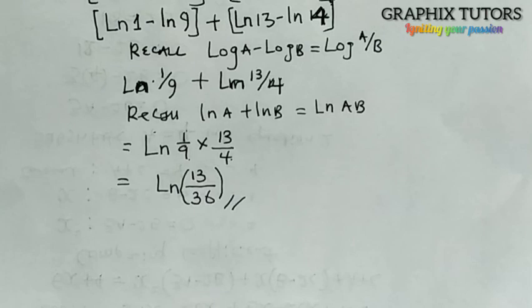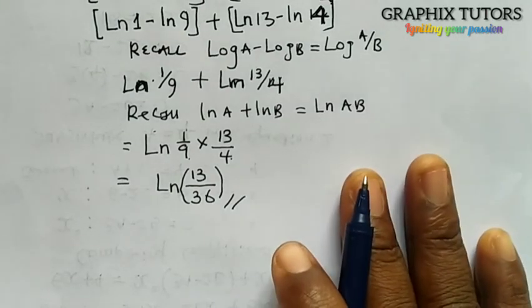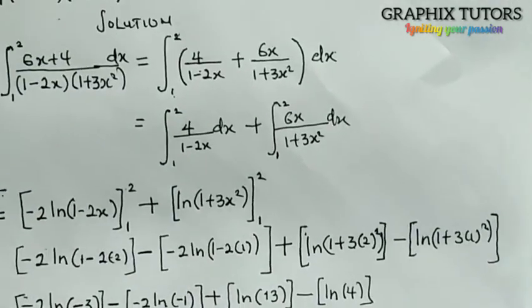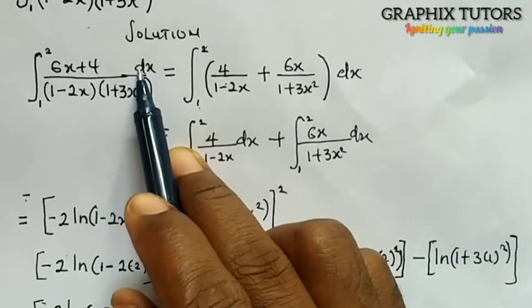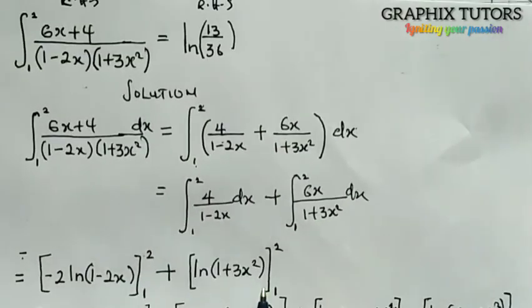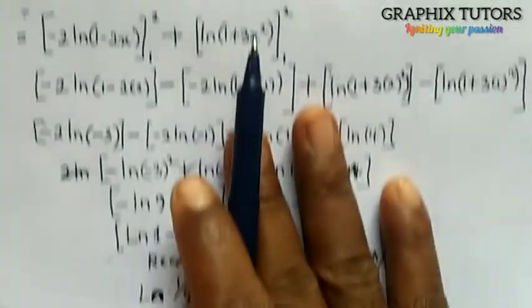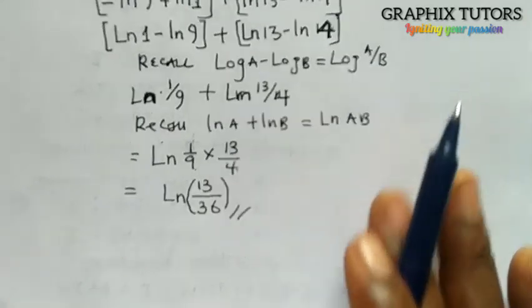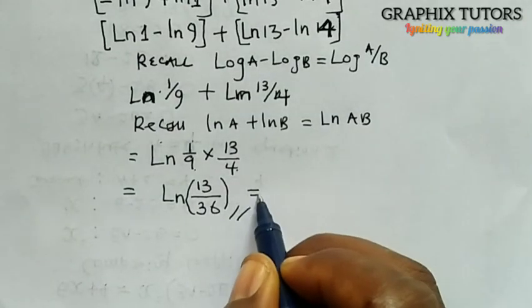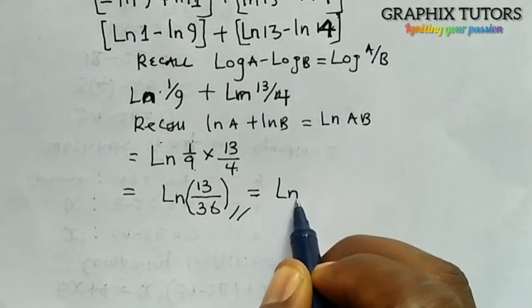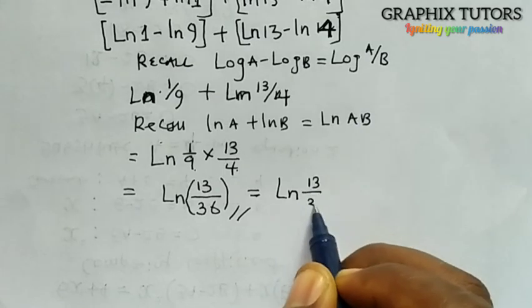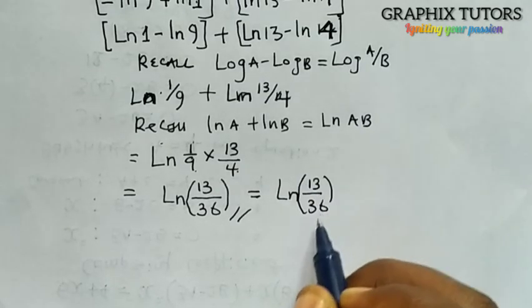So you can now see from the beginning we say this should be equals to this. And we discovered that the right hand side is equals to the left hand side. Right? So it is proved.